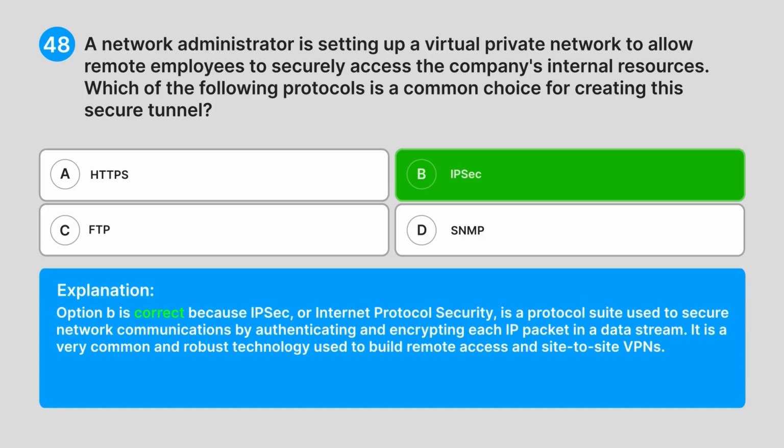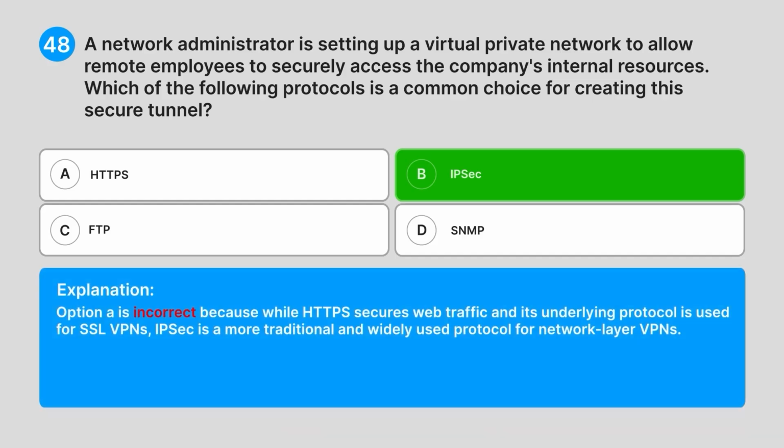Explanation, option B is correct because IPsec, or Internet Protocol Security, is a protocol suite used to secure network communications by authenticating and encrypting each IP packet in a data stream. It is a very common and robust technology used to build remote access and site-to-site VPNs.